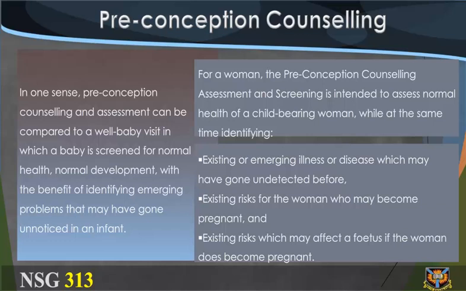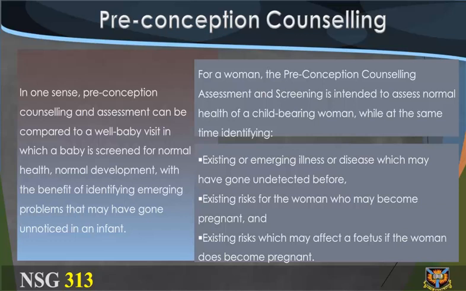In one sense, preconception counseling and assessment can be compared to a well baby visit in which a baby is screened for normal health and normal development, with the benefit of identifying emerging problems that may have gone unnoticed in an infant.